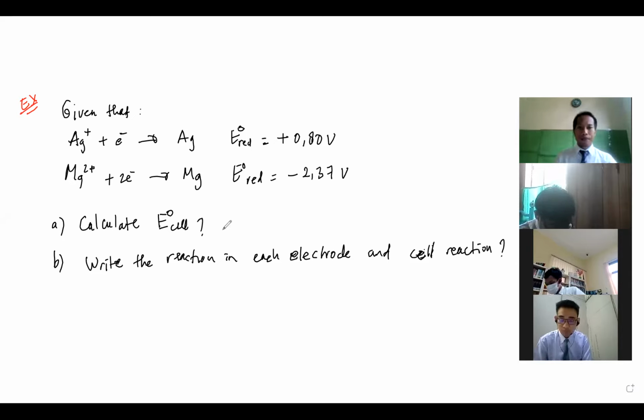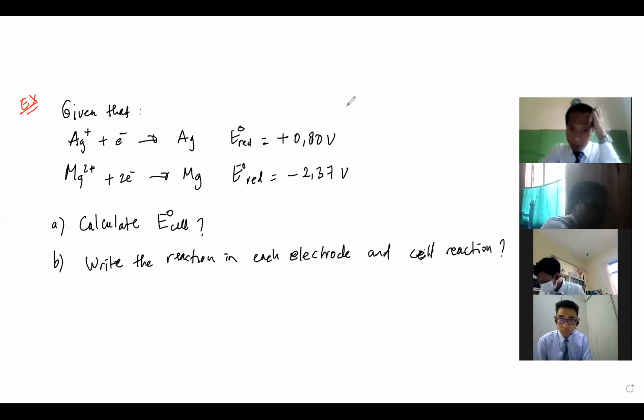All right. Try to write first the question. How to solve this question to find E0 cell?